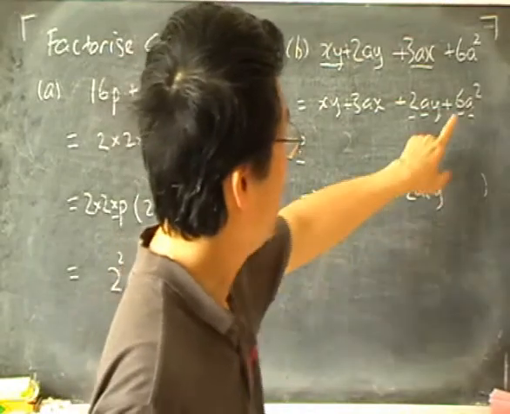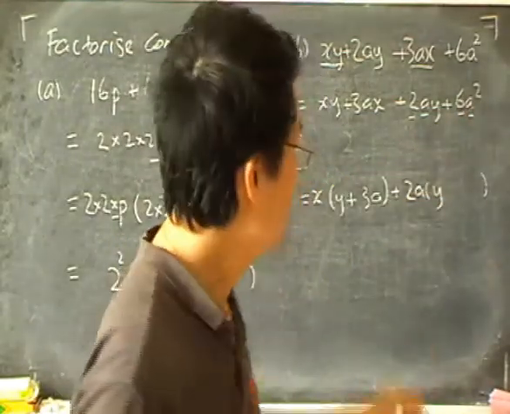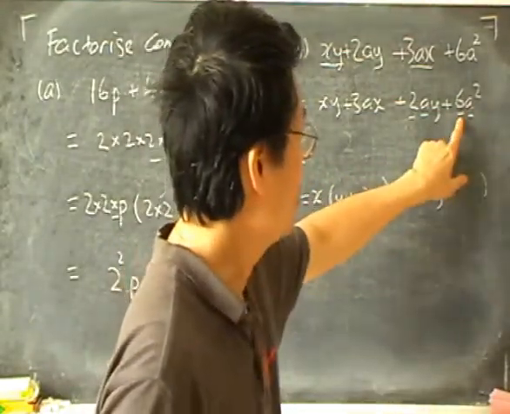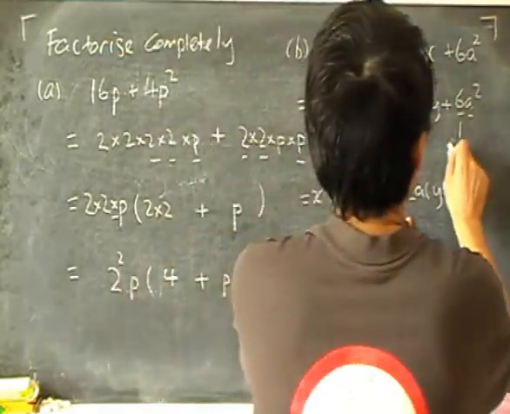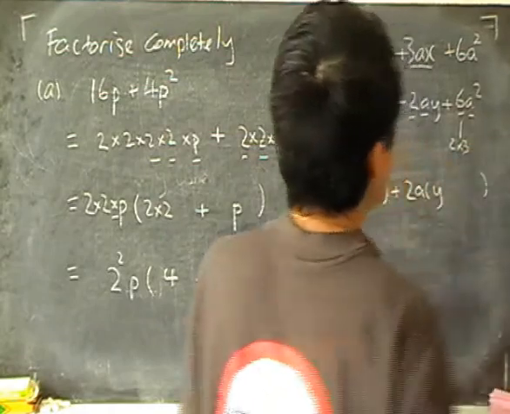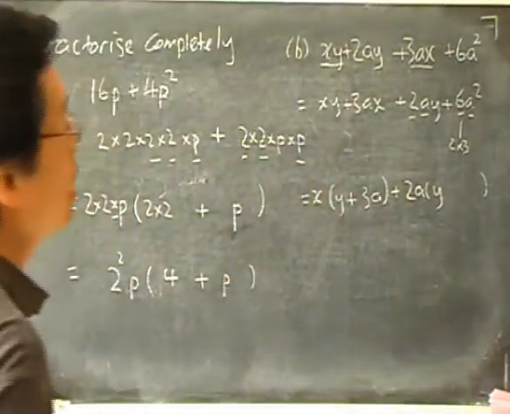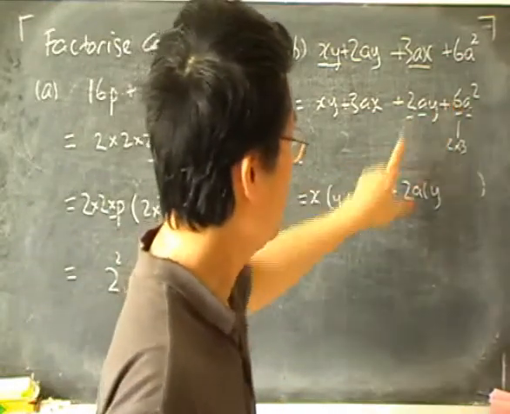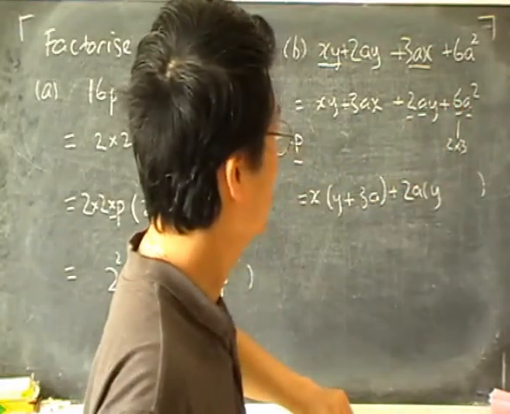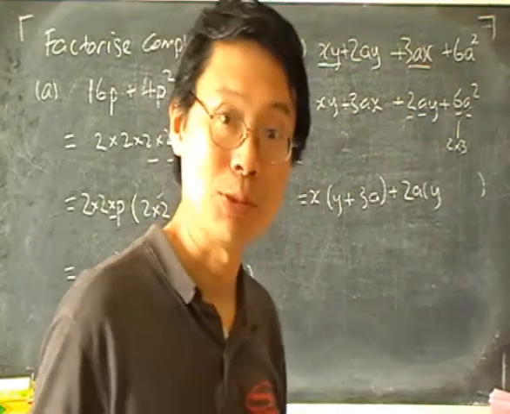If I take 2a from the 6a squared, now 6 is actually 2 times 3. So if I take 2 away, that sounds like I'm subtracting 2.